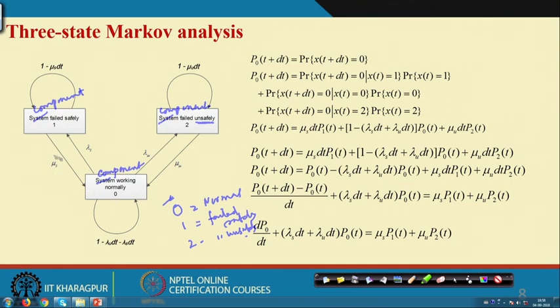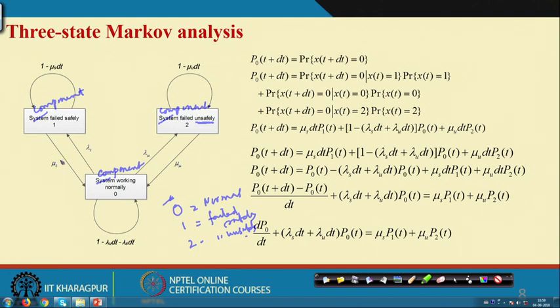So, the repair rate mu s is basically the parameter value, the probability per unit time.